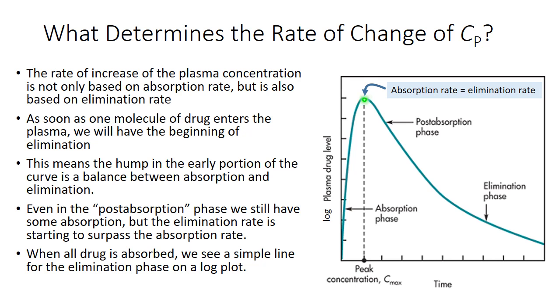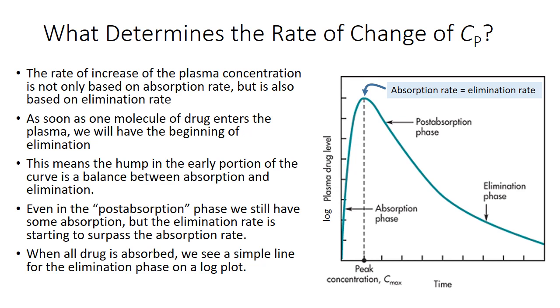So what causes this hump or this peak in the early portion of the curve? That's actually a balance between absorption and elimination. As soon as the absorption rate equals the elimination rate, we get a flat point, basically a peak in the drug concentration.